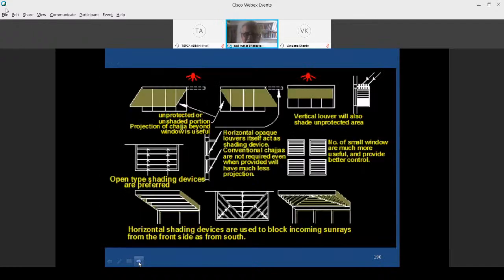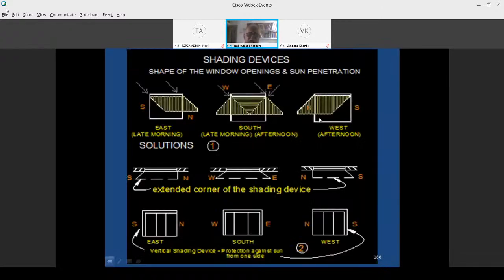So this study, now if you want to retain the same type of window, and you don't want to change the shape of your window, then friend, do one thing. For the east side facing window, extend the extreme corner of the shading device, or extend this shadow. This point must go straight toward south up to this point so that the whole portion will be shaded.